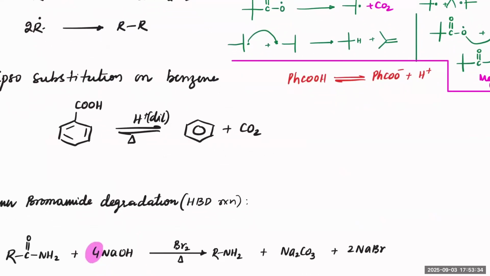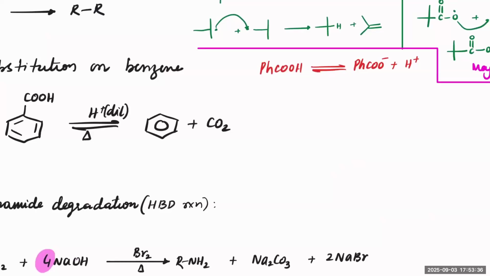Okay, so when you have it in dilute acidic medium, benzoic acid will dissociate into these ions. So you will get this as benzene with C double bond O, O minus, with double bond here, and double bond here, like this. Okay, clear, beta?